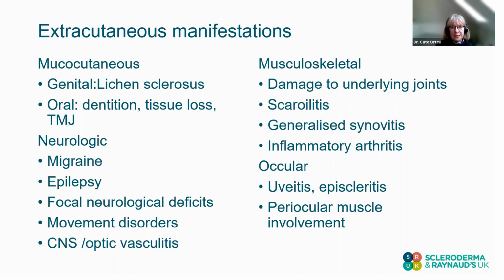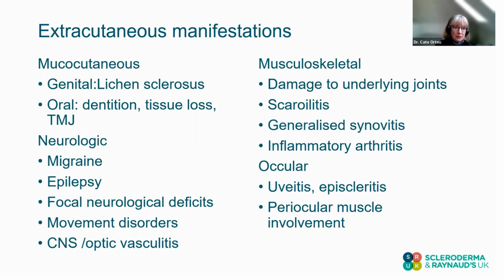You do not get, as I've mentioned before, the kind of really potentially life-threatening lung, heart and kidney problems that patients with systemic sclerosis get. But in morphea, we do see some other problems.